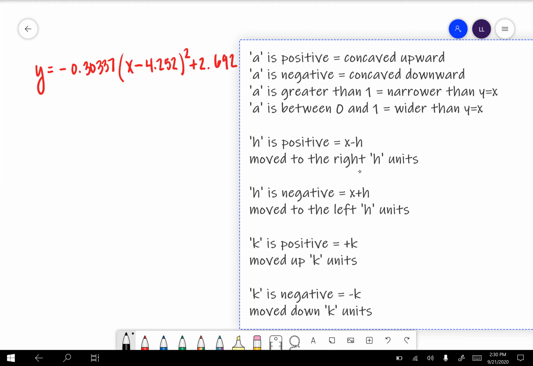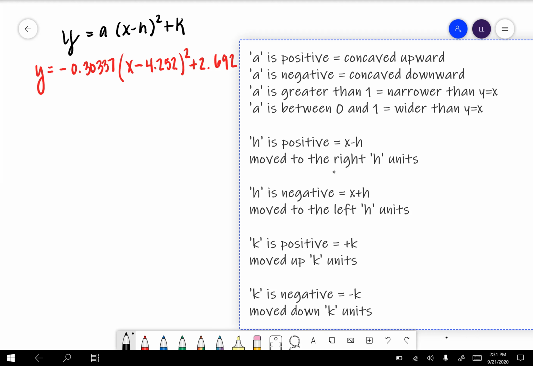Remember in vertex form, we have a few parts: y equals a(x minus h) squared plus k. And over here to the right, we have a description of what a, h, and k do to the graph. So let's go ahead and compare as we read.